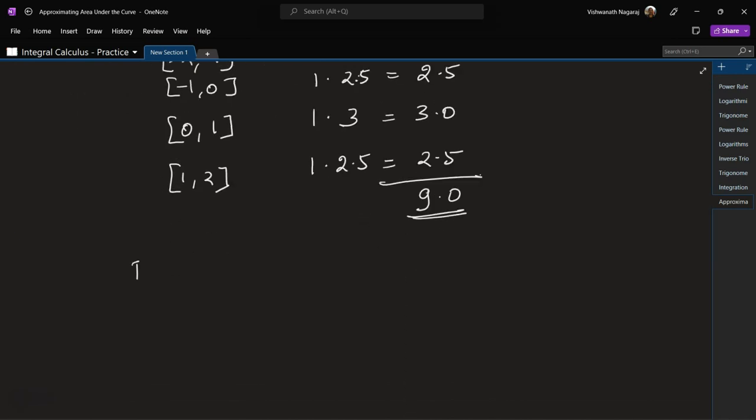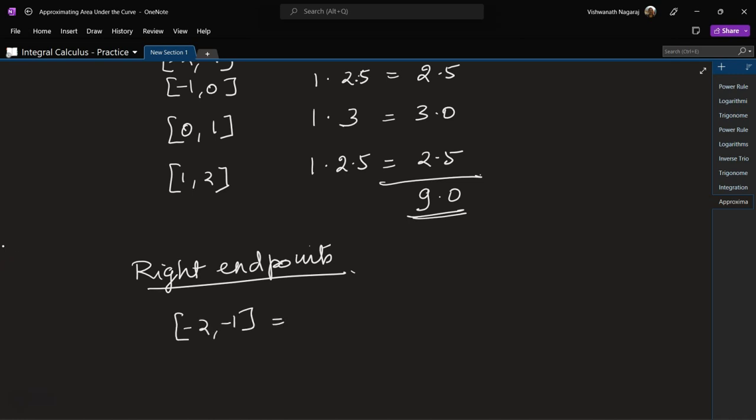Now, if we take the right endpoints, then in that case, minus 2 to minus 1 would be width is still 1 times 2.5, which would be 2.5. From minus 1 to 0, it would be 1 times 3, which gives us 3.0.